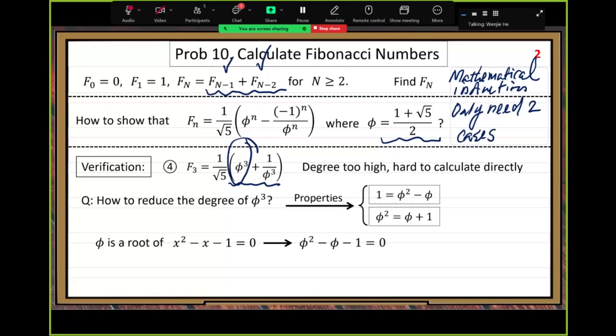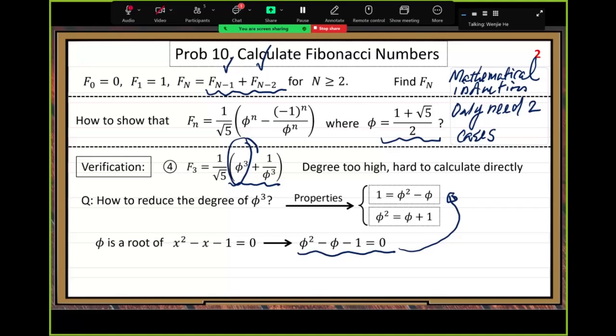From this equation, you can move terms around. You can get the first one: you move the minus 1 to the right-hand side, so you get 1 equals phi squared minus phi.